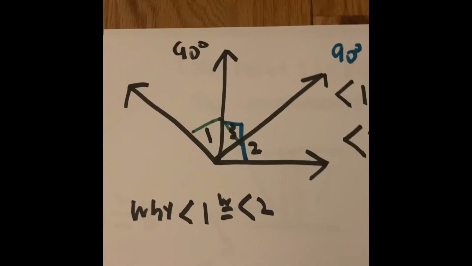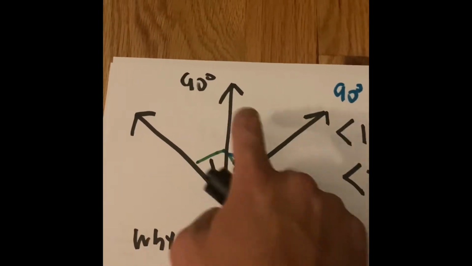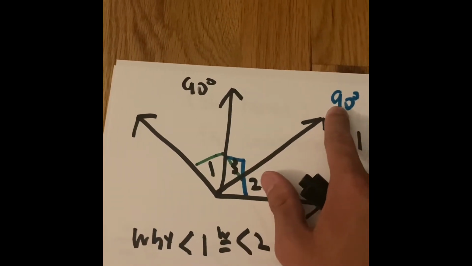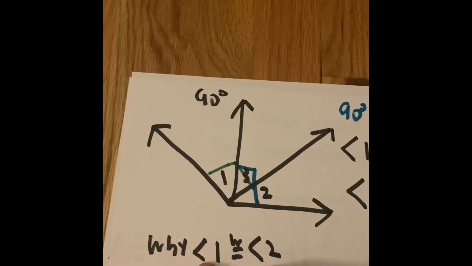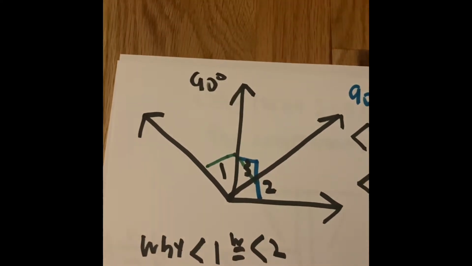So what we're trying to understand is, if this and that is 90 degrees, and that is 90 degrees, why is angle 1 the same thing or congruent to angle 2?